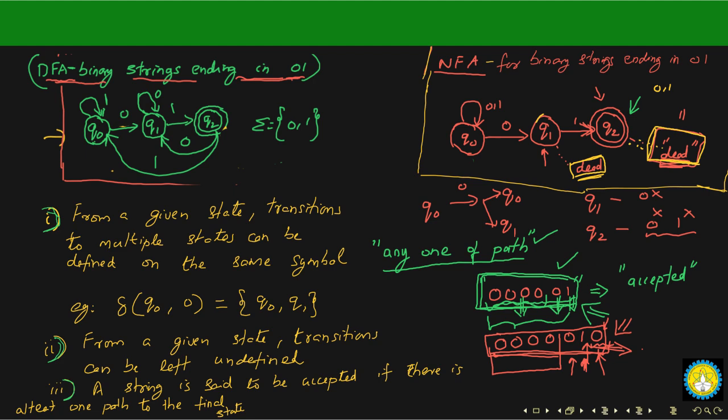So these three points are very important to keep in mind with regard to NFAs, right? First, from a given state, transitions to multiple states can be defined on the same symbol.